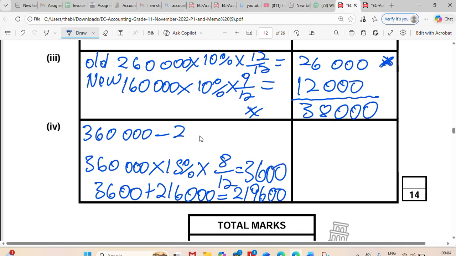You go and minus here 219,600, and then you'll find the carrying value on the day of sale. So cost price 360,000, then you minus the accumulated, you will have the carrying value of how much?